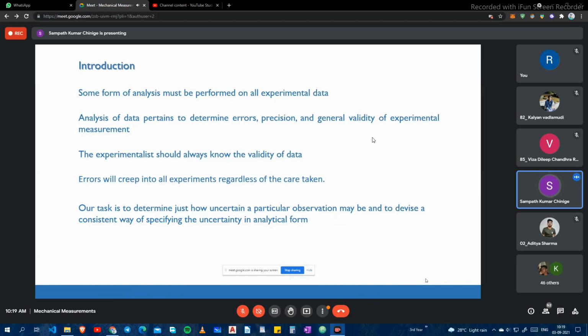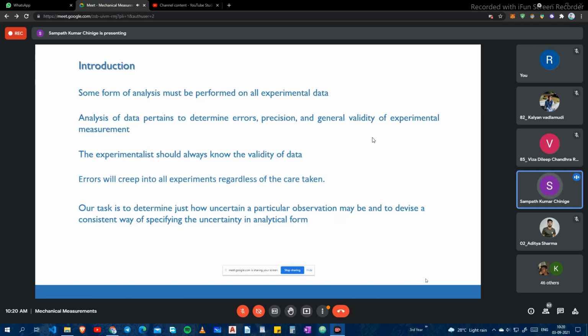As an experimentalist, you should always know the validity of the data. A quality experimentalist will always spend his time validating his own data. He will not rush. Suppose you get some idea, you have performed some experiment, you should not jump to conclusions and try to publish or say that I have got valid results. That's wrong. You have to first validate the results that you have got.